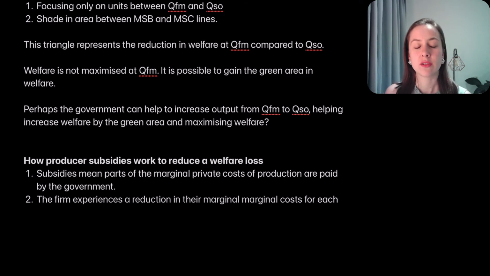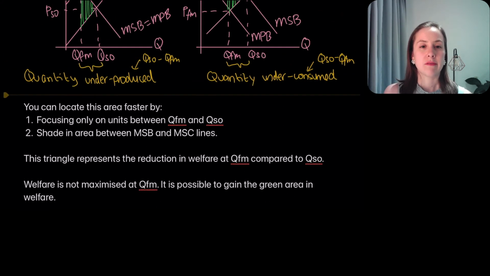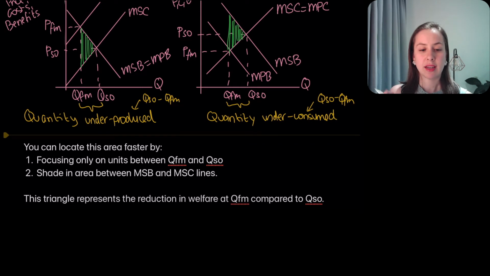That's why you can talk about it as a welfare loss, if you define it as compared to QSO. It means that welfare is not maximized at QFM. Society has had this green area in welfare just held back. It hasn't been able to access that.